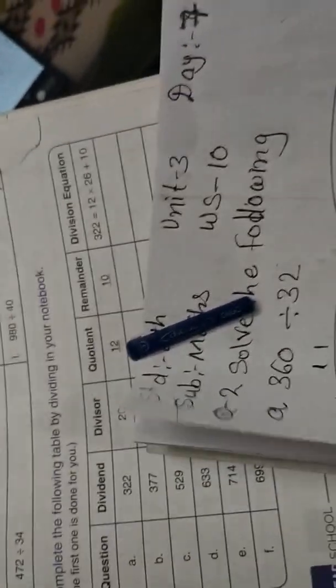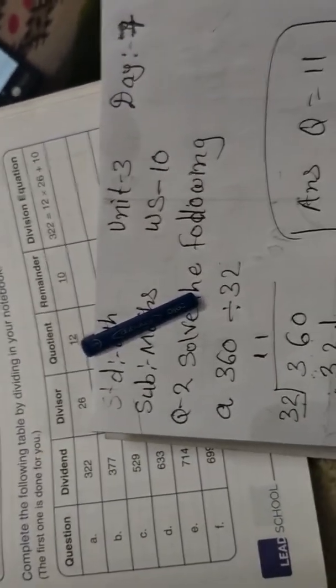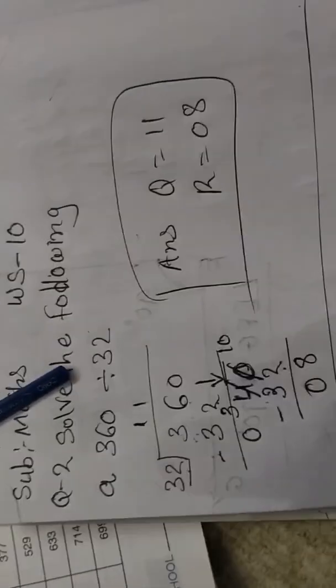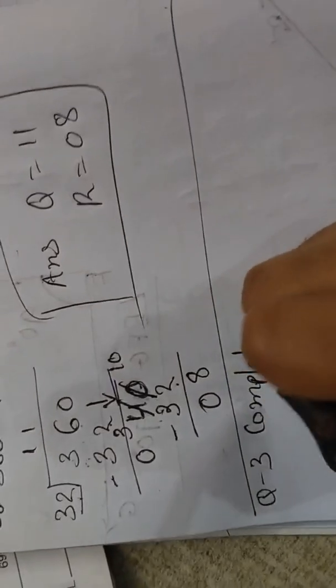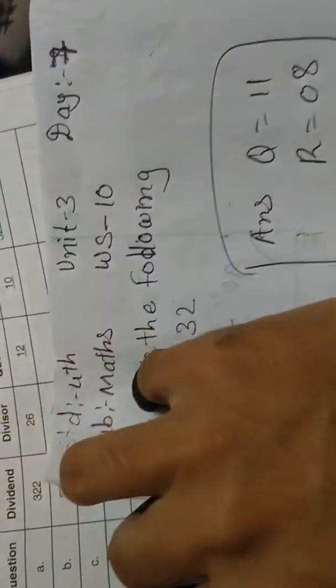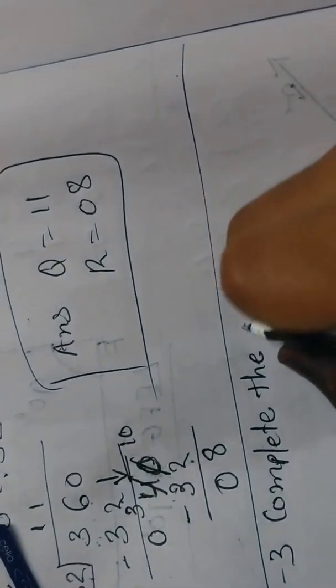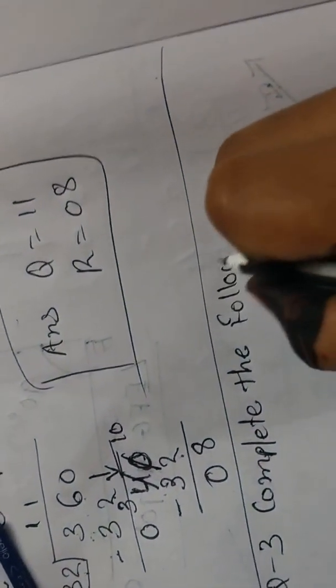Okay students, now we'll start question number 3. That question is: complete the following table by dividing in your notebook. In that, the first one is done, so we'll start from the second one.